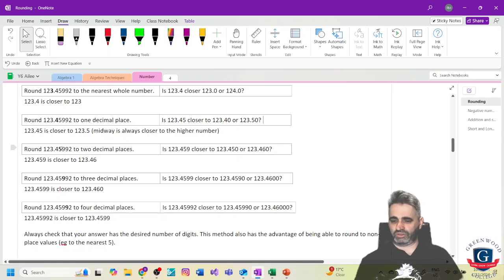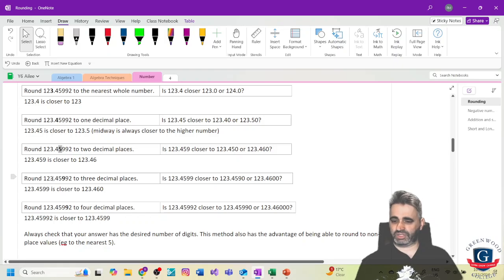Okay, 123.459 to 2 decimal places. That's the least significant digit. So is 459 closer to 450 or 460? Obviously 459 is closer to 460. So we would say 123.459 is close to 123.46.